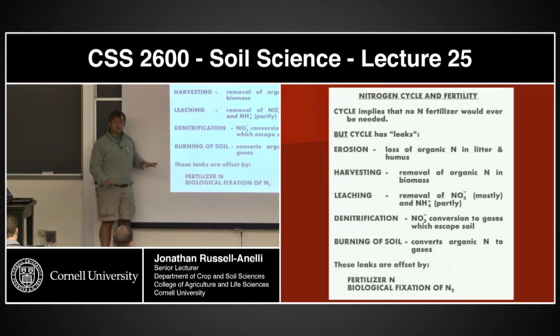But when it comes to actually getting nitrogen into the system, these are the only two things we can do. We can add fertilizer in some form, whether organic or inorganic, or we can increase biological nitrogen fixation. We can reduce the loss of it, but those are our only tools to bring it into the system.